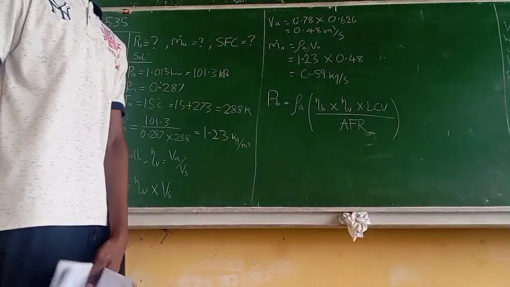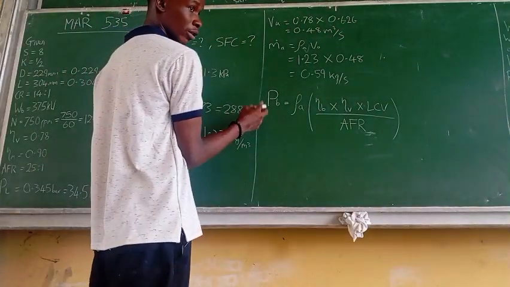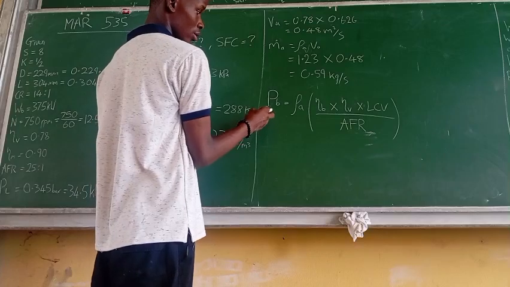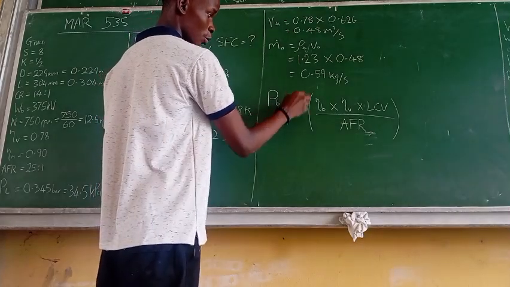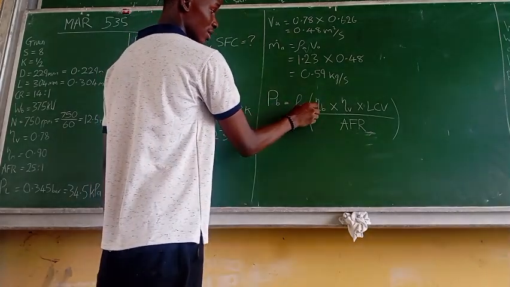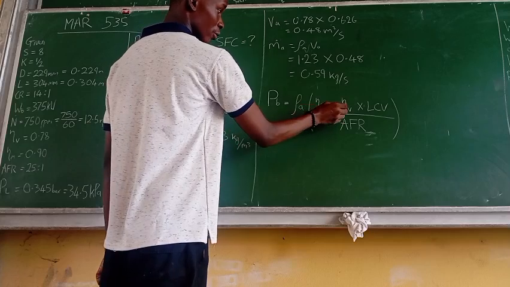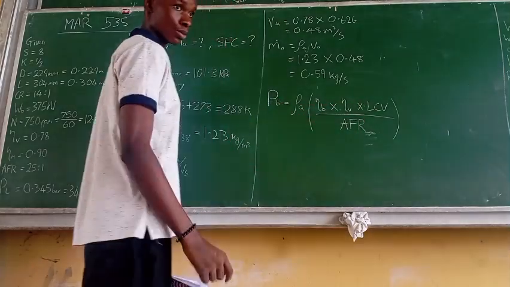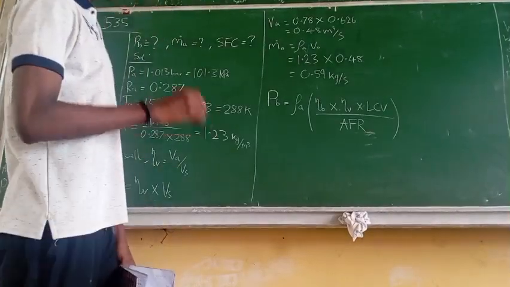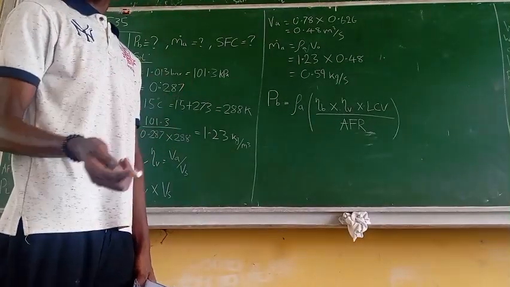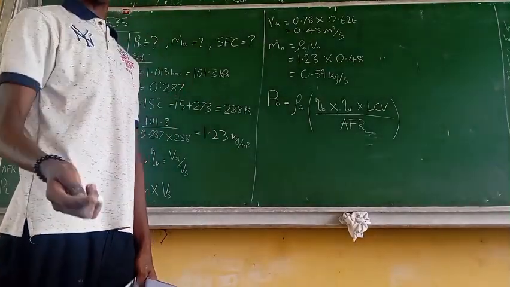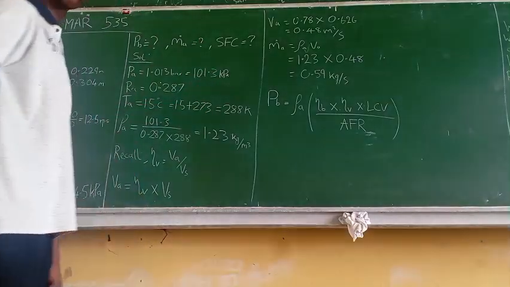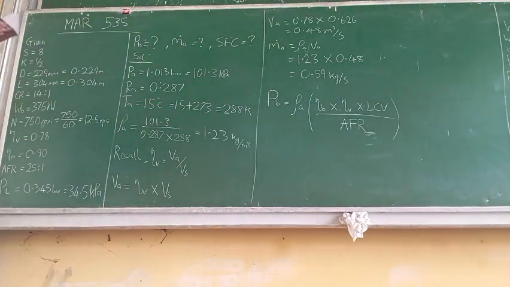This is another formula, a very complex formula for brake pressure. Brake pressure is equal to density of air, open brackets, your indicated thermal efficiency times your volumetric efficiency times your LCB or your F4 ratio. Know this formula. If you want to understand it, I'll explain it to you later. But right now, just know.